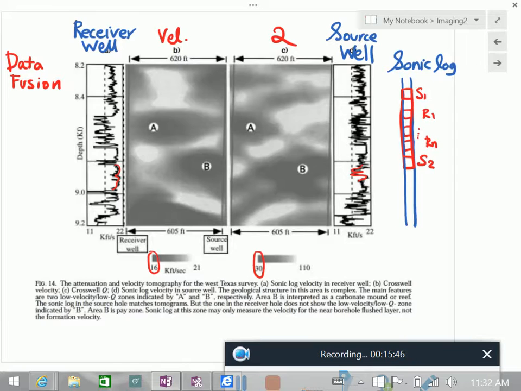If you bring them together, you'll be able to characterize the subsurface better, because you may have a lot of different rocks with the same velocity, but they may not have the same attenuation in the same range.